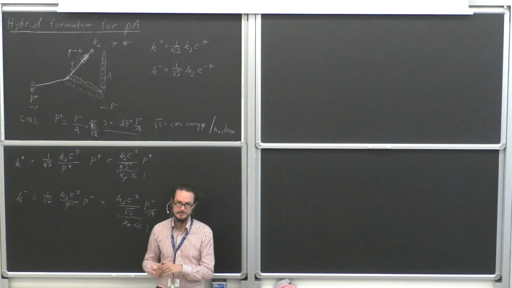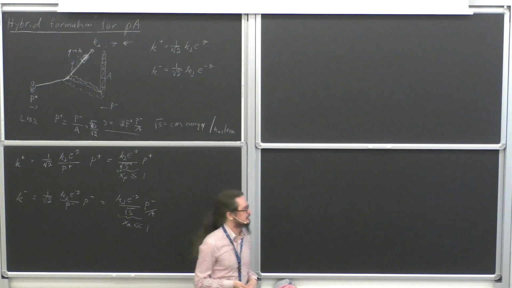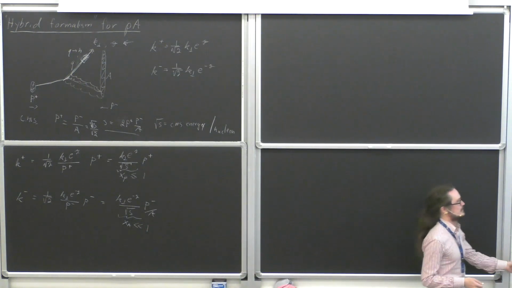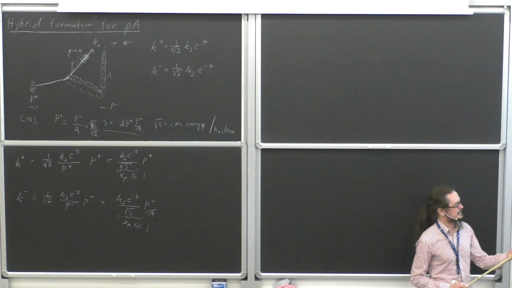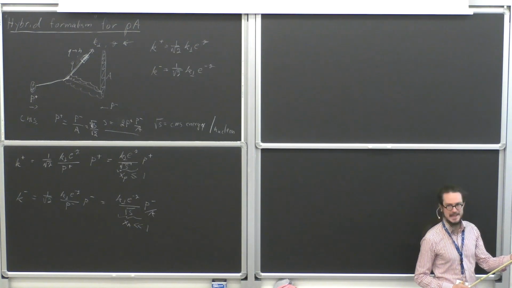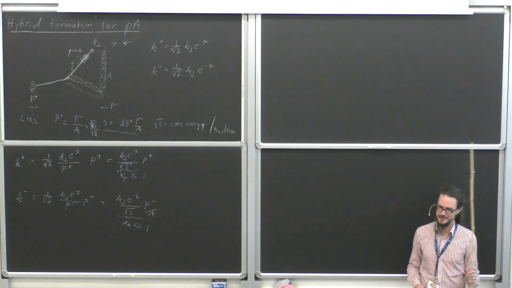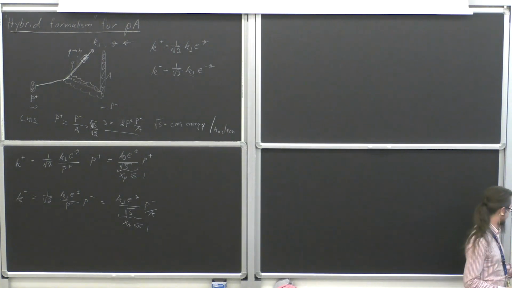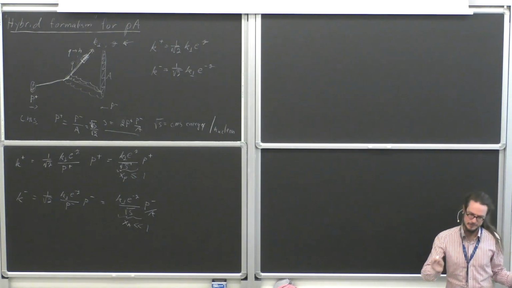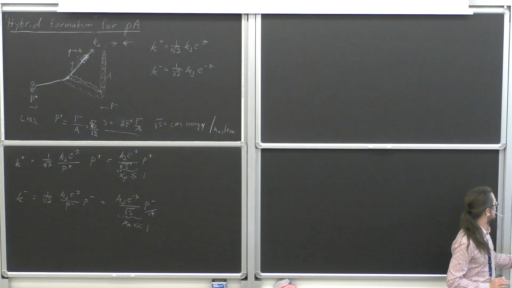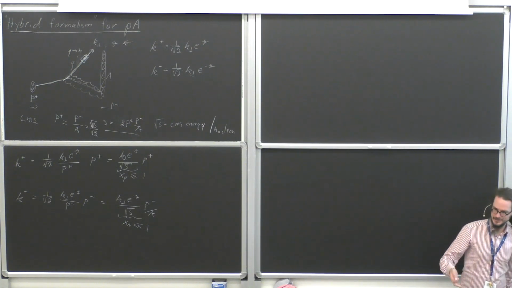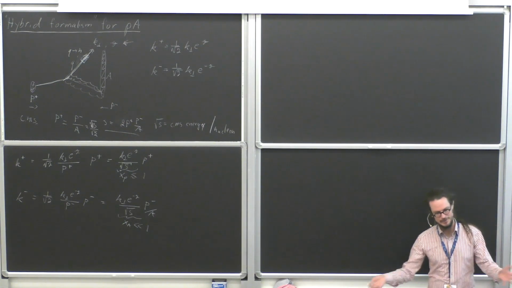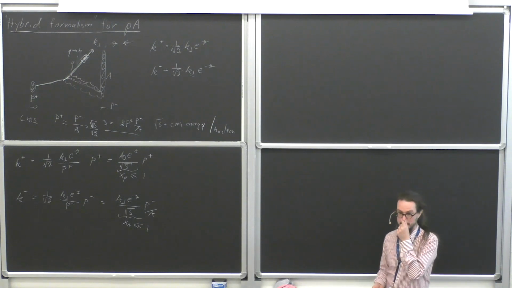When people say, "Oh, we have LHC," this is what this NN means here. This is square root s_NN, so nucleon center of mass energy, not proton-nucleus center of mass energy, but proton-nucleon center of mass energy in a proton-nucleus collision. Okay.